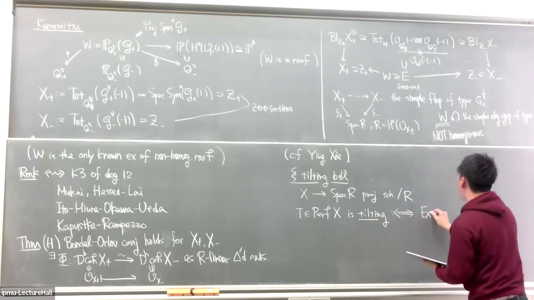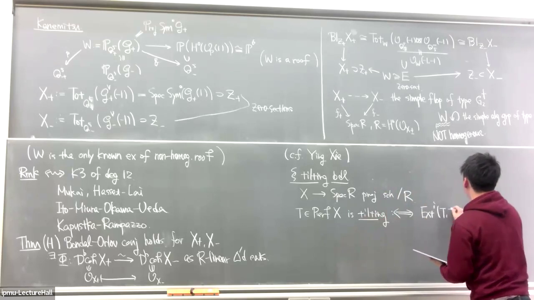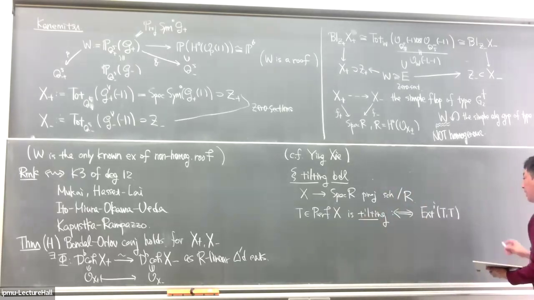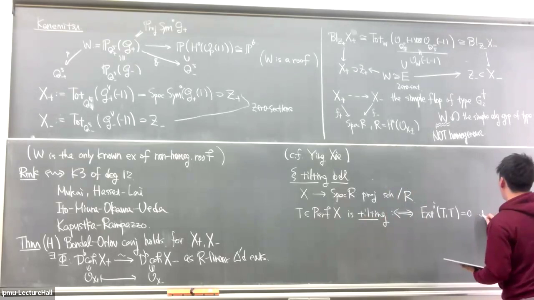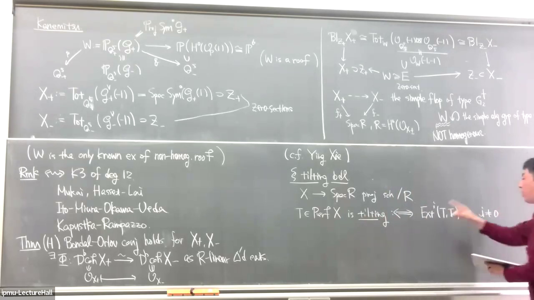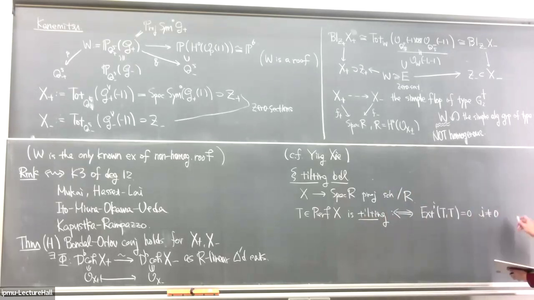We assume the extensions of T vanish for all non-zero degrees. Sometimes this property is called the pre-tilting property.